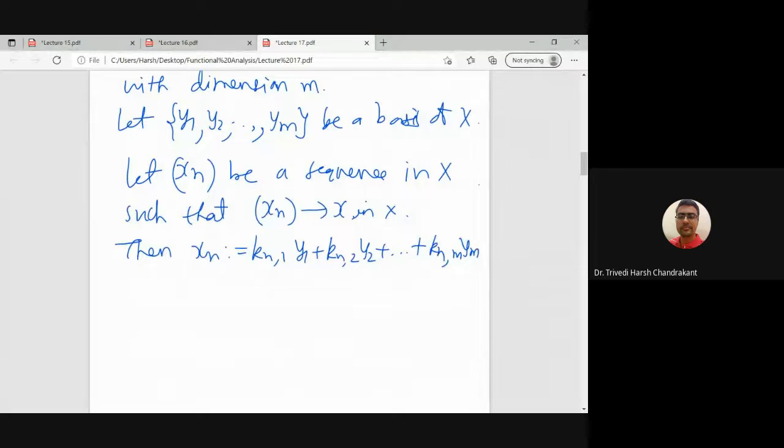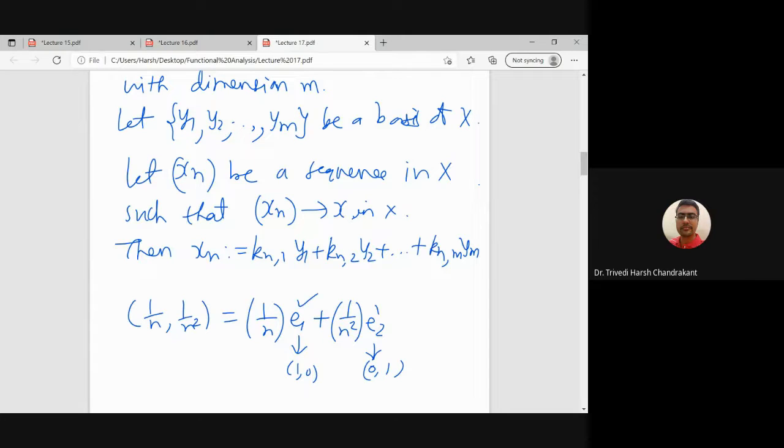If we have a sequence of two coordinates, this means we can write it as a sequence 1 upon n times e1 plus 1 upon n square times e2, where e1 is (1, 0) and e2 is (0, 1). So y1, y2 is this. This is just an example of this decomposition.